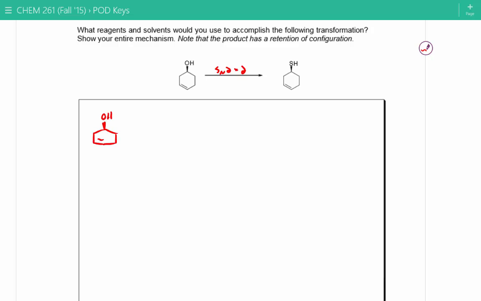Can I just react this with a nucleophile and have our hydroxide act as a leaving group? No, hydroxide's a terrible leaving group. It's not going to fall off. So what can we do to change that hydroxide or alcohol into a good leaving group? Yeah, we can tosylate it. So I'm going to abbreviate this as tosyl chloride, TsCl, and pyridine.